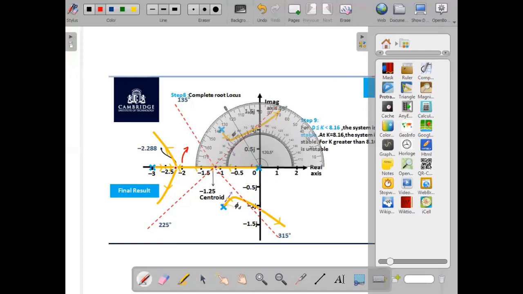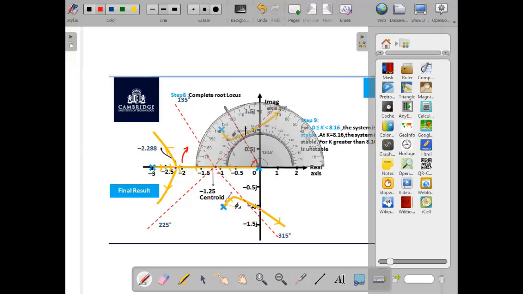So let us mark the angle 60° now from the origin, and let me extend this line, and this will exactly intersect the root locus at a particular point.